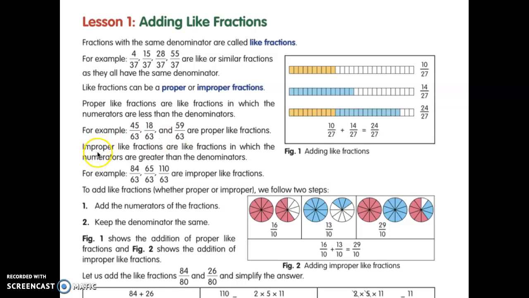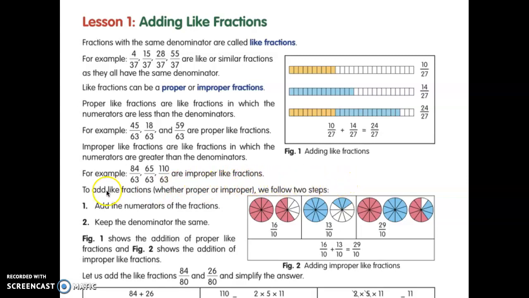Improper like fractions are like fractions in which the numerators are greater than the denominators. For example, 84 over 63, 65 over 63, and 110 over 63 are improper like fractions.